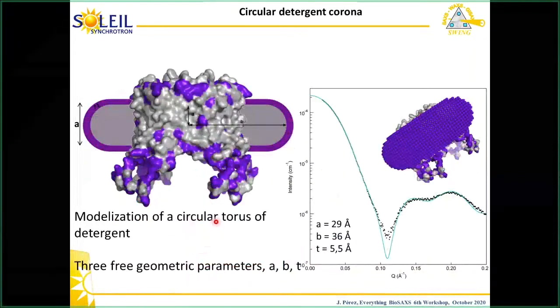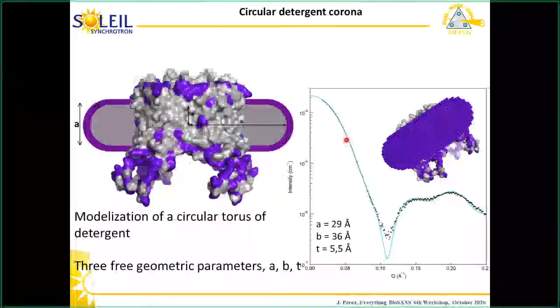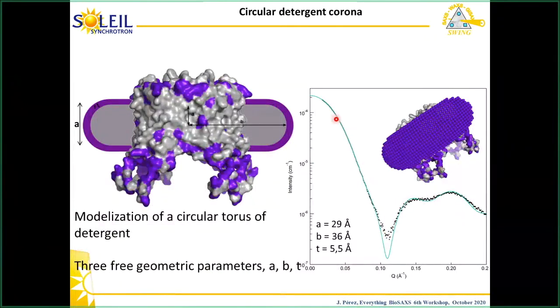So we computed the best possible torus to fit the data, and this is what we got here. The experimental data of the complex are the black dots, and the fitting model using the best possible torus gives the blue curve here. As you can see, we are already not so bad.